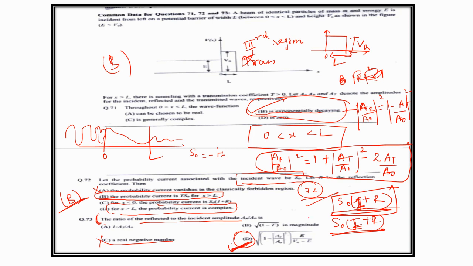And now if we see this one, I feel like this is the answer. I don't know why. B is given. Reflected, transmitted wave.